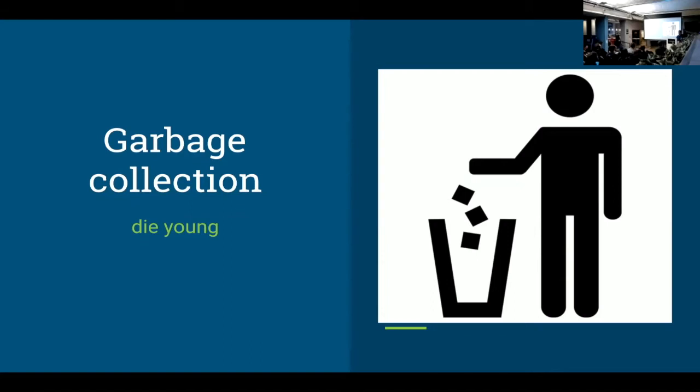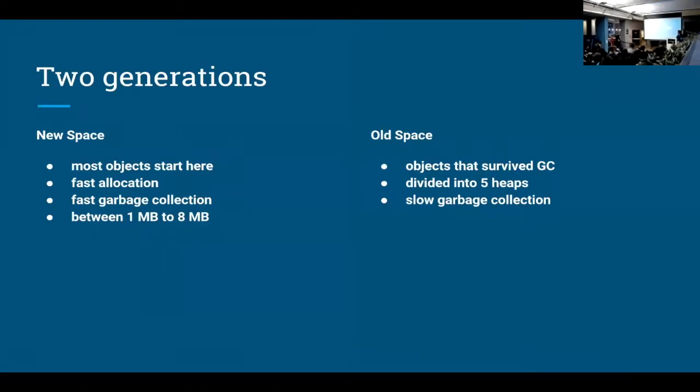So the browser tries to find every object you created, every string variable you created, and decides if it needs it or if it can remove it to free space.